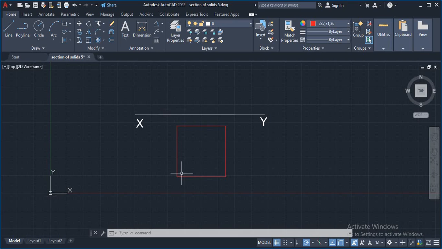So we have to tilt this cube, that is the top face of the cube, inclined 45 degree.